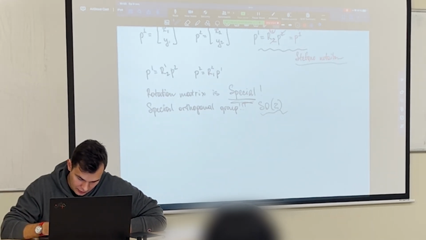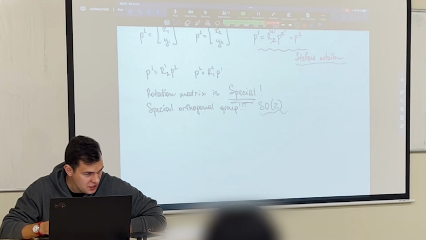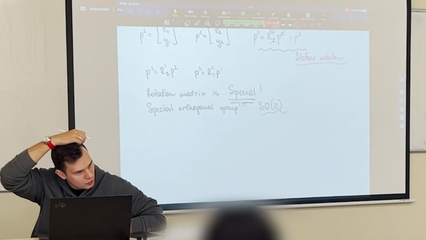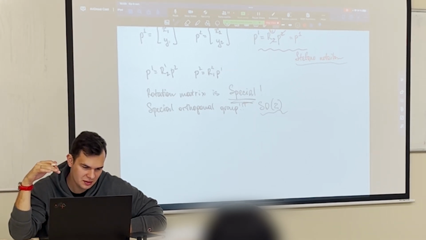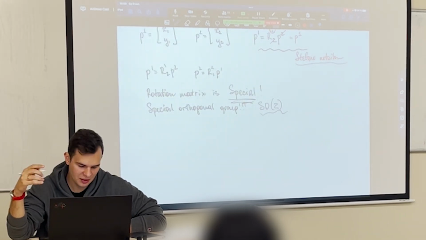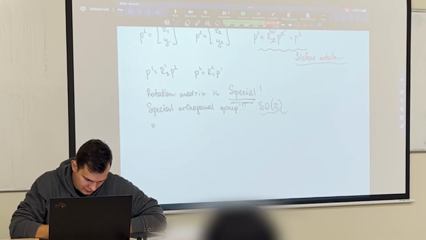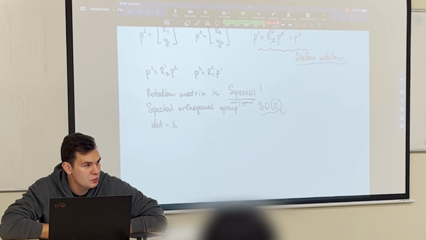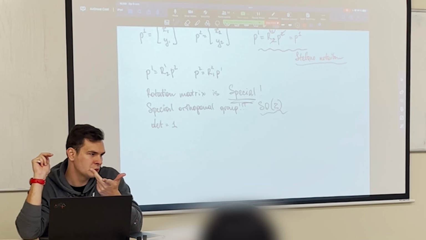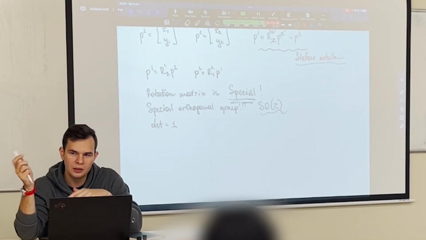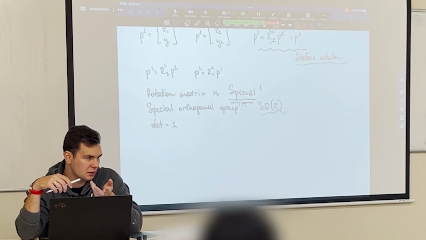What makes it special, what group means, I will tell you in the next minutes. What makes it special is that the determinant equals 1, sometimes -1, if we have not a right-oriented but a left-oriented frame, for example, if it has something to do with a mirror.